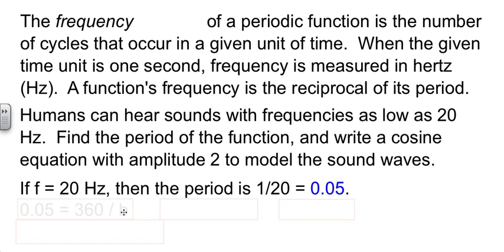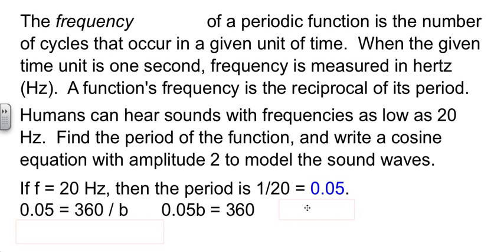If that's the period, we can now figure out B. The period equals 360 over B, multiply by the B, and then divide by the 0.05, and we find out that B is 7,200.